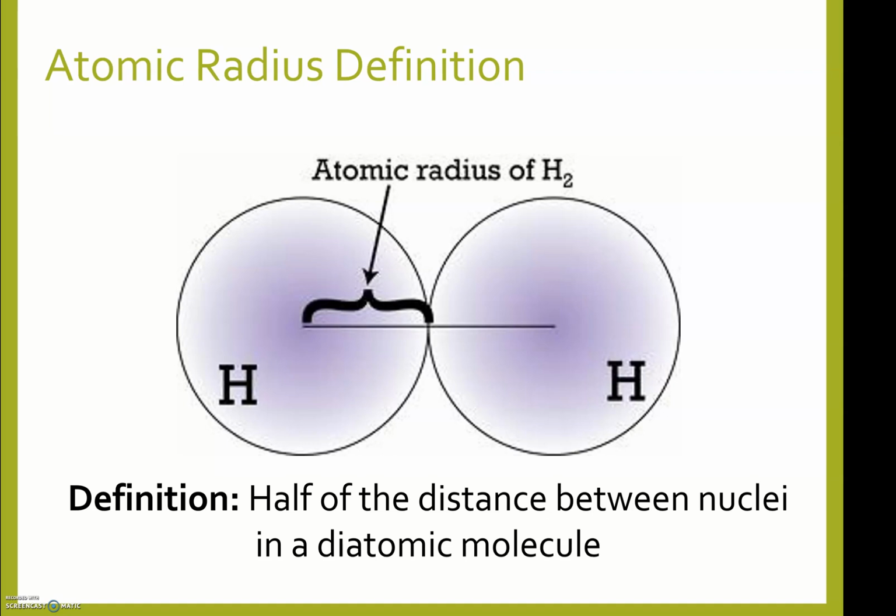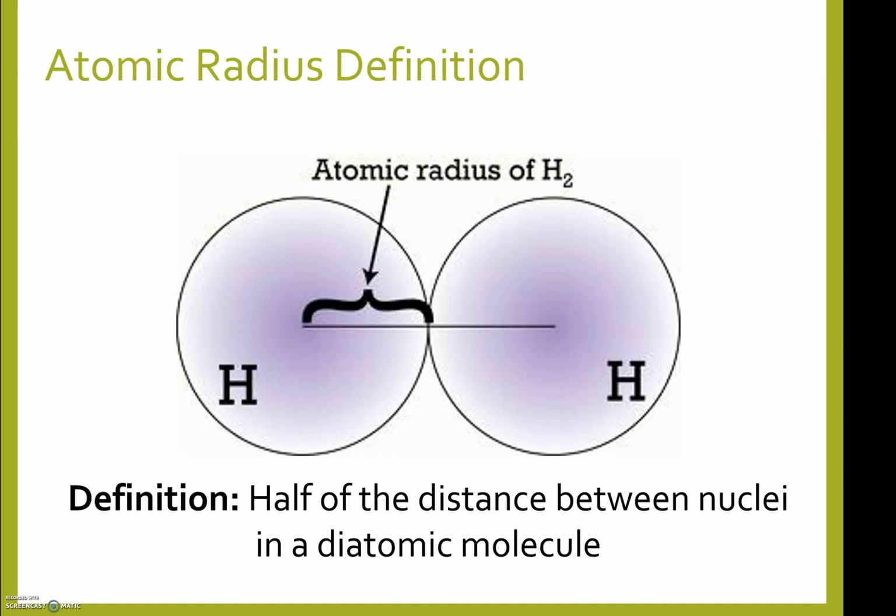Well, it's kind of hard to measure that with an atom, and you know the reason why? Those electrons are always in motion, so it's hard to get your measuring tape out and measure them, because by the time you try to measure where they are, they've moved to another location. So scientists can pretty confidently identify the location of the nuclei of two atoms side by side.